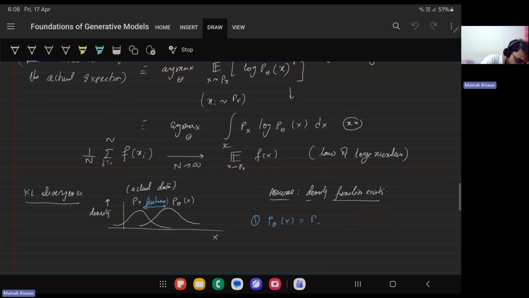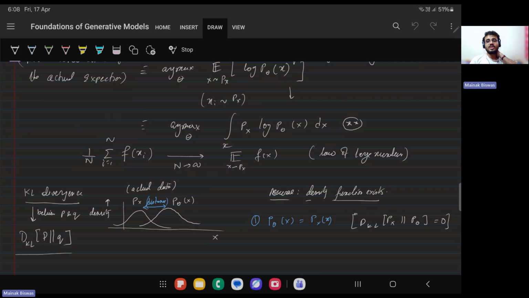If P theta of X is equal to P of X, then the KL divergence, which we'll write as D_KL of P and Q, between P of X and P theta of X is equal to 0. We'll have to define a metric for which this is true.